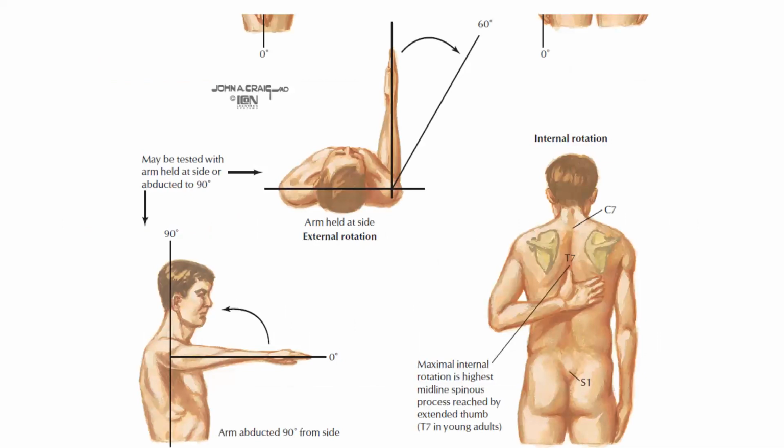This shows you how you can measure abduction, external rotation, and internal rotation on the extreme right side. And this would tell you whether the patient has a lift-off test, meaning that he can elevate the wrist off the back of the body, the thorax. It indicates that the subscapularis is intact.